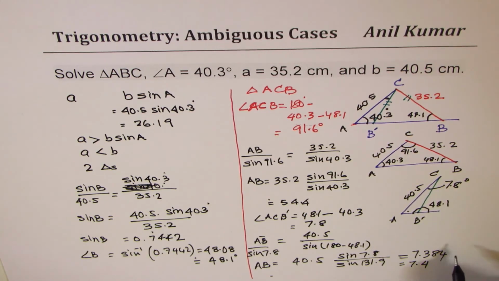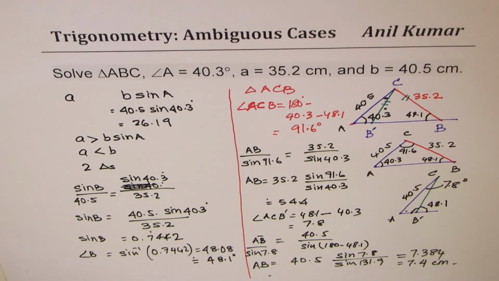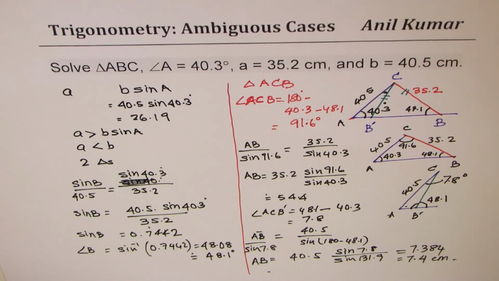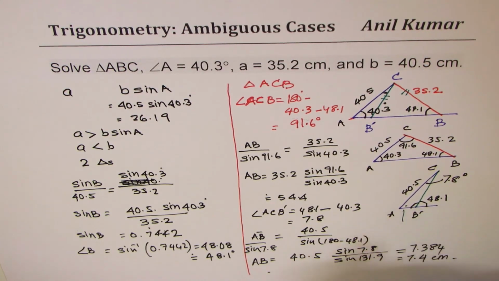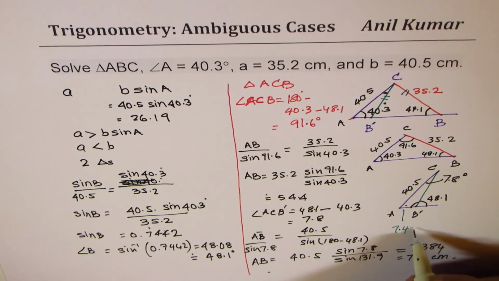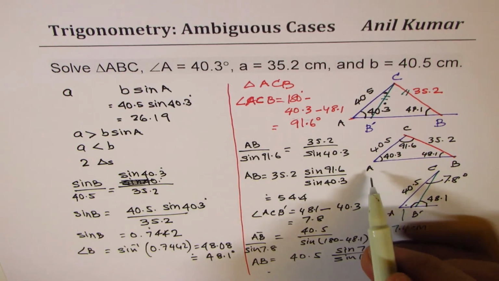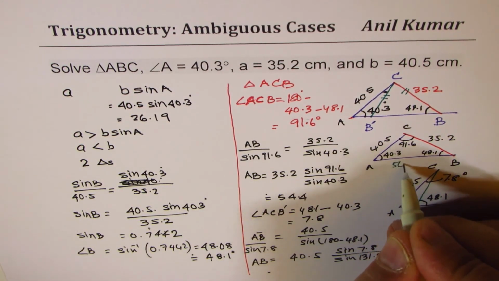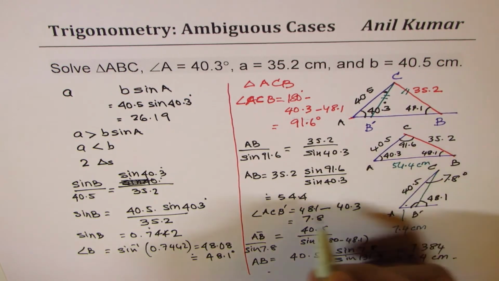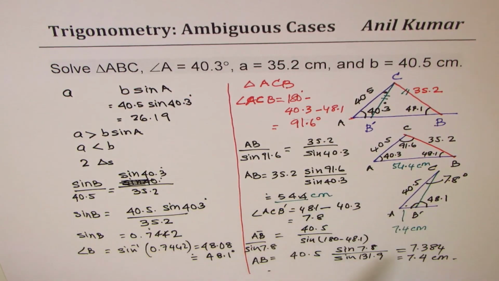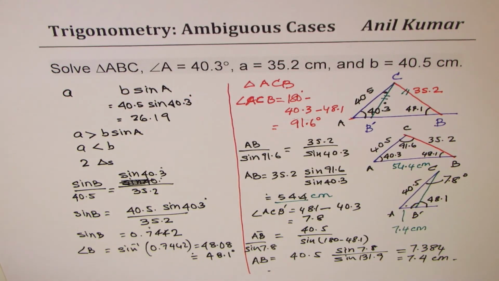The units are centimeters. Perfect. So that is how we could actually solve these two triangles. So this side over here is 7.4 centimeters, and earlier we found AB as 54.4 centimeters, correct? The units are centimeters and the angles are in degrees.